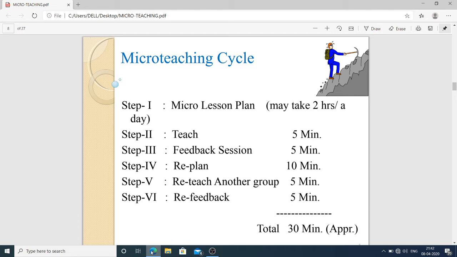If something is lacking, the teacher replans in step 4 for 10 minutes and reteaches another group for 5 minutes in step 5. The sixth is re-feedback from the second group for 5 minutes, and it takes a total of approximately 30 minutes.